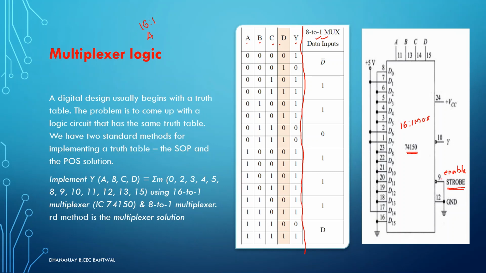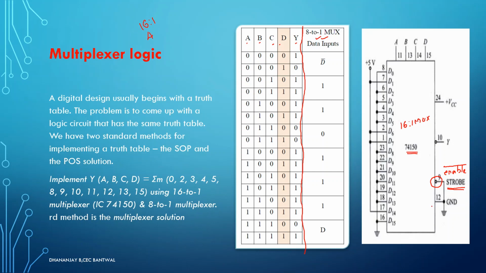Can you see a bubble here? Which means that this enable input is an active low input. Active low input means it should always be grounded. Normally inputs are called active high inputs and active low inputs. Active high input means it should be connected to 1.